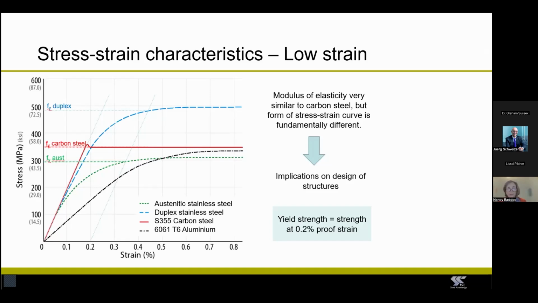We all know that. Stainless steel, though, has this gradual yielding behavior with high strain hardening. By strain hardening, I mean the same as work hardening or cold working. We tend to use these terms interchangeably, but what I mean is that the strength increases with the plastic deformation.